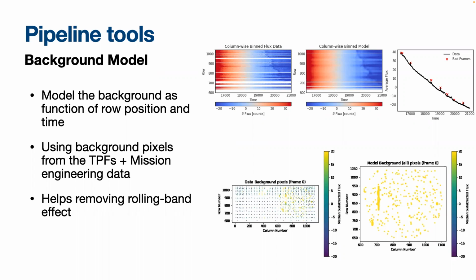This is an almost homogeneous distribution of pixels across the CCD that only saw background and were used by the Kepler pipeline to estimate the background. We include those with the background pixels from the TPFs to fit a more robust background model.